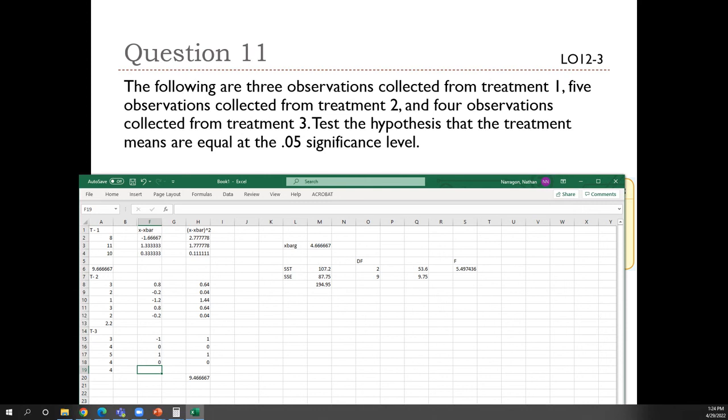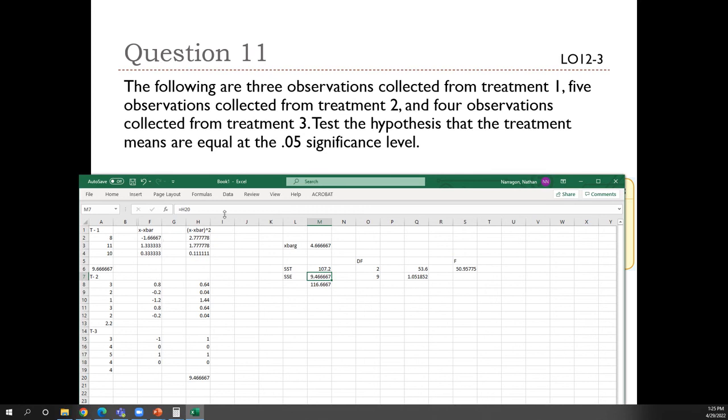Once we have figured it out, we have figured out our standard T. Let's see if there's anything in the formula that we have to change. Okay, so our SSE is 9.46 repeated.